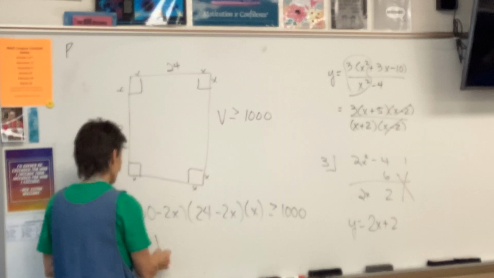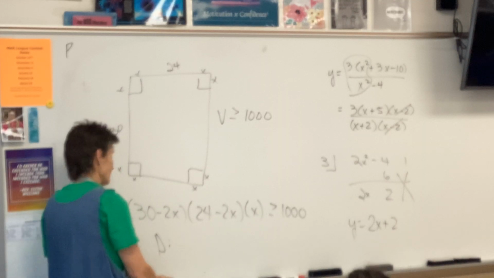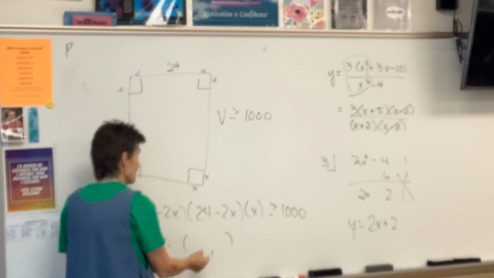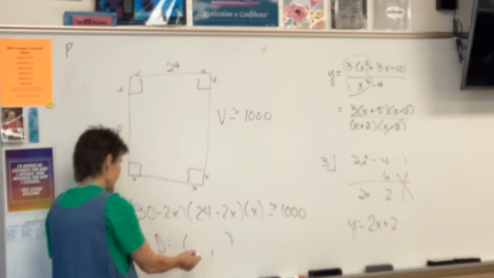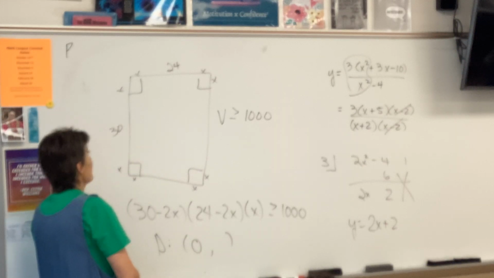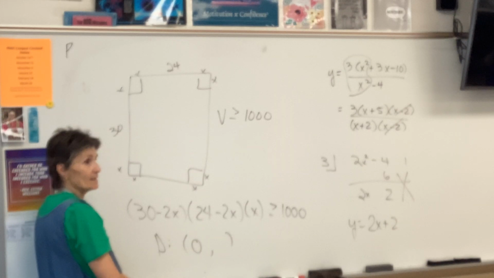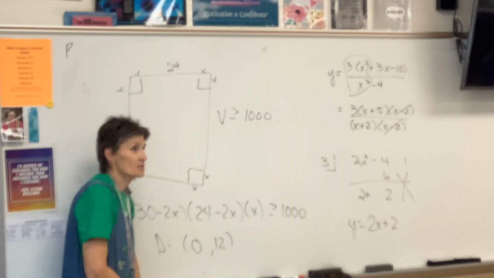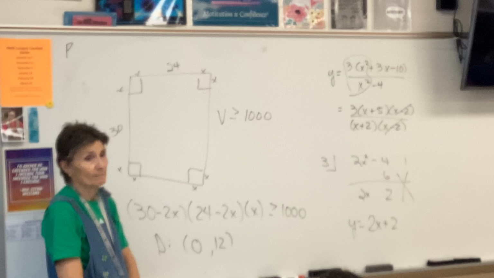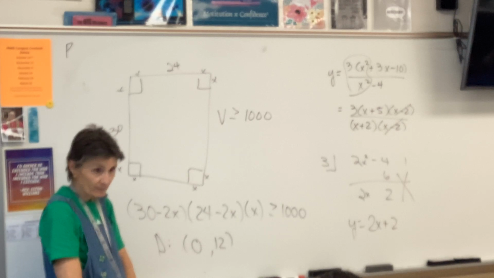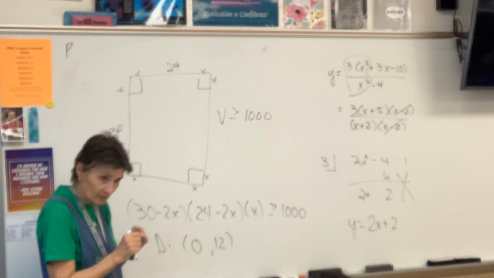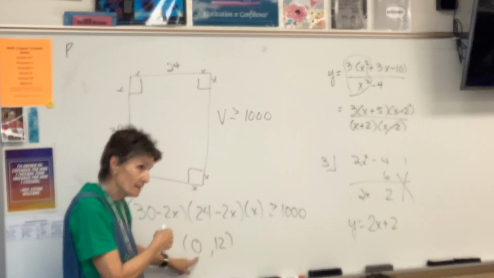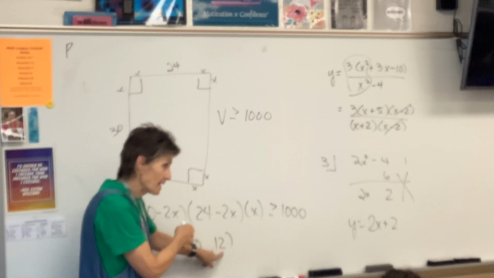Before I go to my calculator, what's my domain? The smallest x can be is 0, and the biggest x can be is 12, half the smallest dimension. So when I graph this on my calculator, there is x min, there is x max.